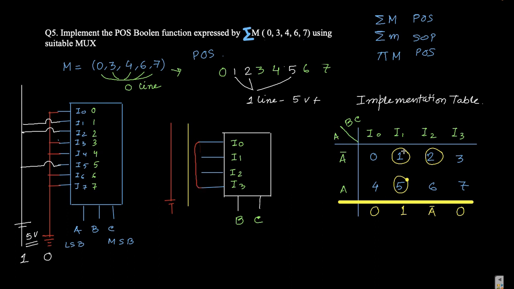And for I1 and I2, one is 1, another is A bar.